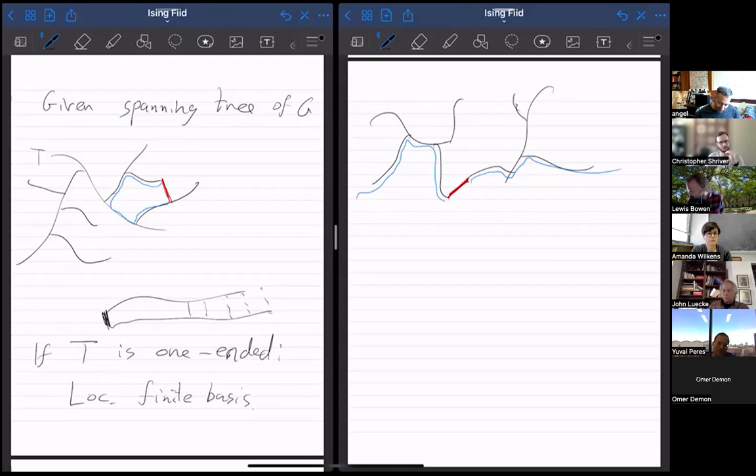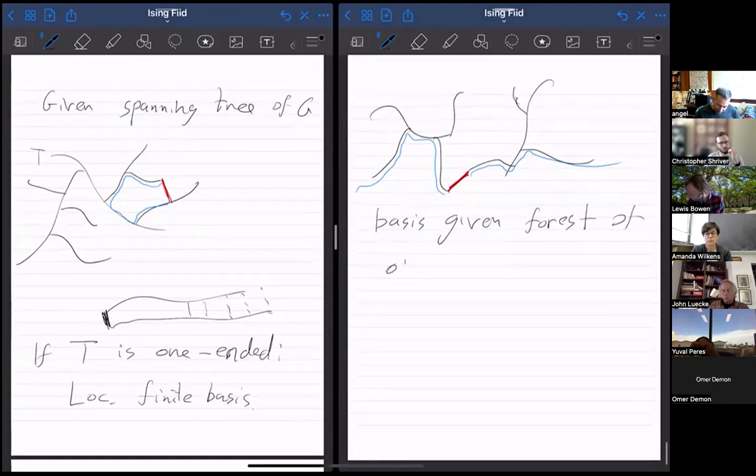So for the wired case, this gives us a basis given a forest of one-ended trees.